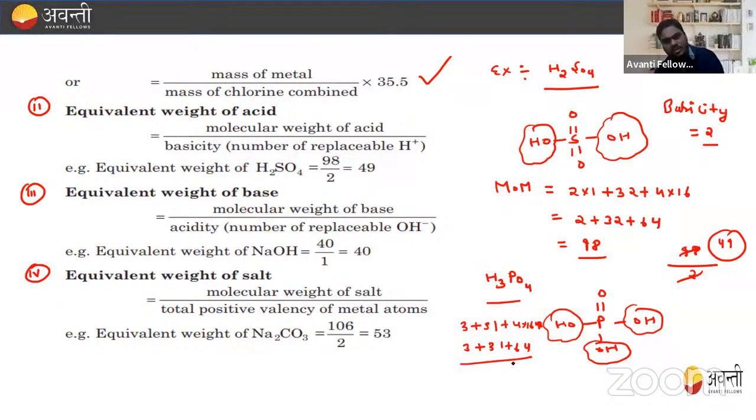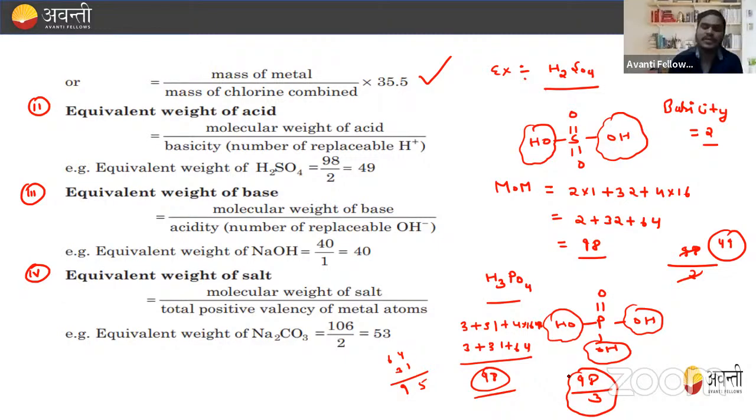Just add them: 64 plus 31 is 95, plus 3 is 98. So this is also equal to 98. Now divide 98 by 3, because the number of replaceable ions here is 3.